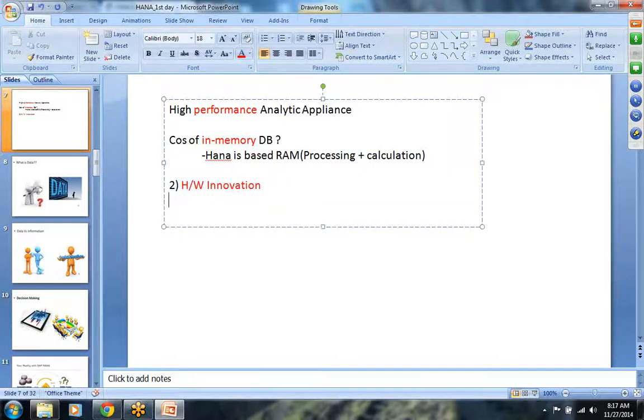So this hardware innovation has brought us a single CPU with a blade concept. A single CPU can accommodate more CPUs. Single CPU can accommodate more cores. So I can put on 10 cores.